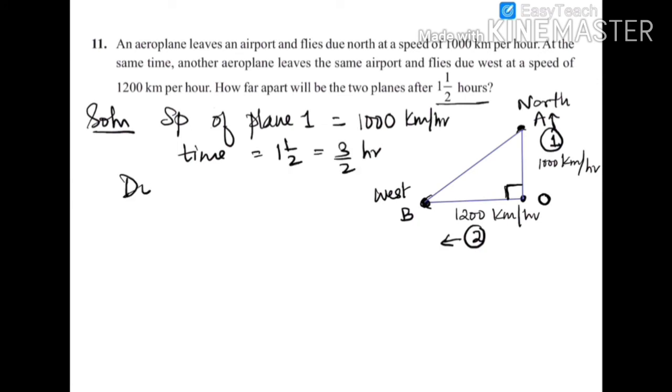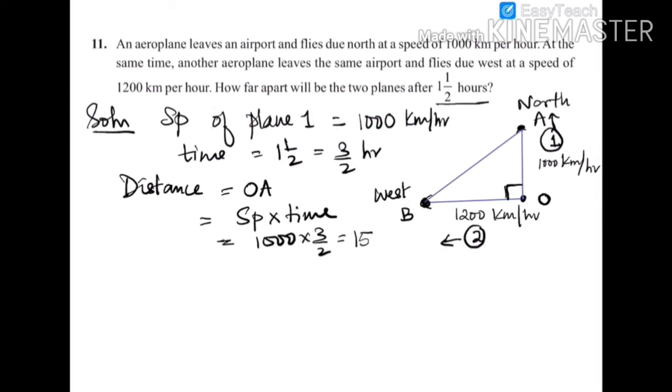So the distance covered will be OA, which is equal to speed into time. So 1000 into 3/2 gives us 1500 kilometers.